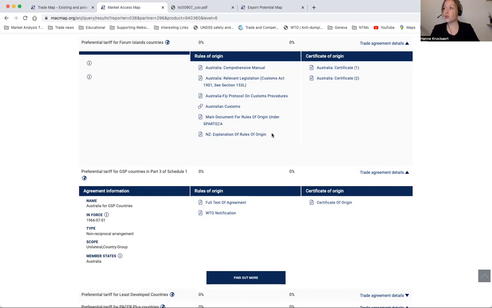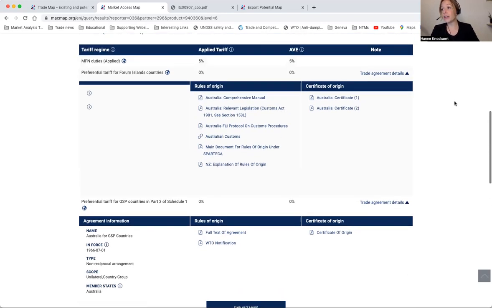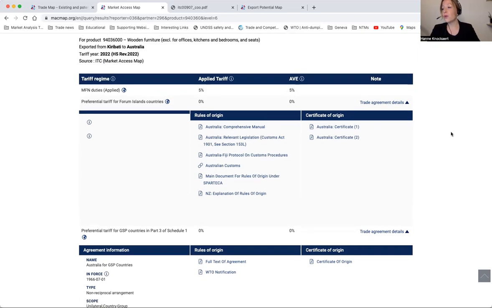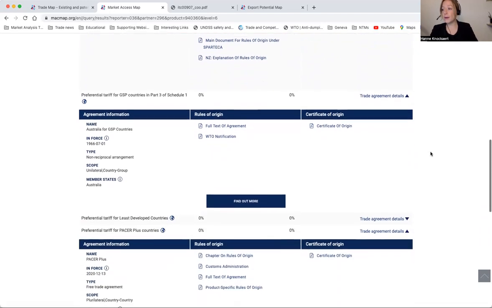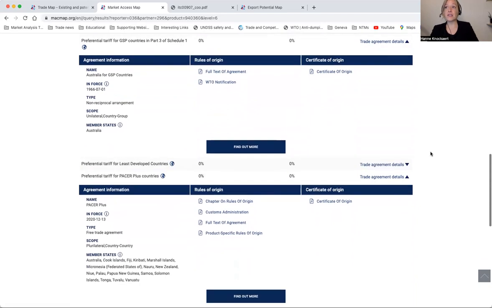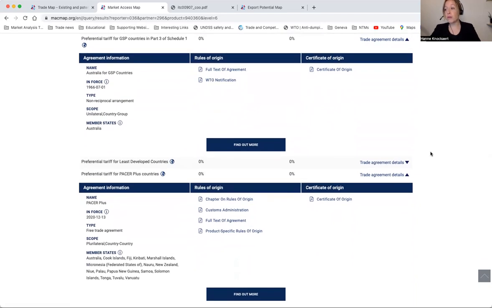You need to look into, for your specific product, the wooden furniture, which one would be the most beneficial for you to use, like which one would be maybe easier to find certificates for, which one asks for the least requirements to be able to take advantage of this 0%.